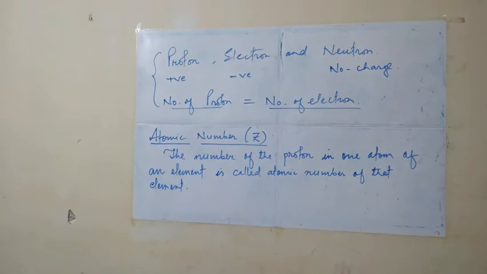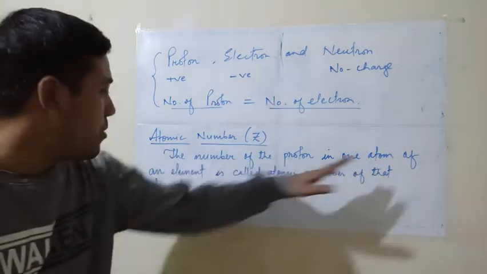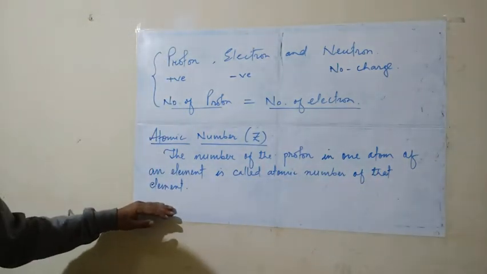Right. The number of the protons in one atom of an element is called atomic number of that element. Look here.